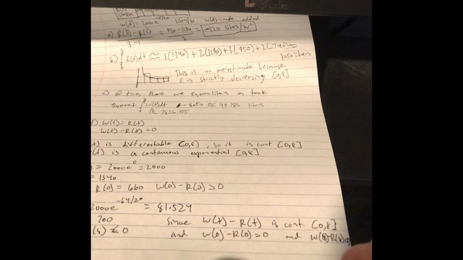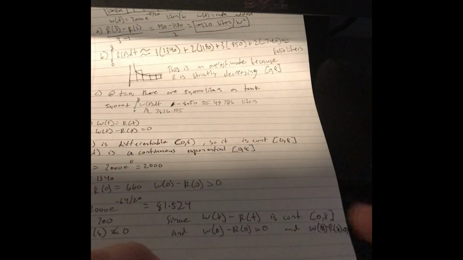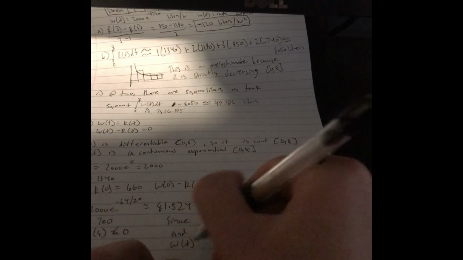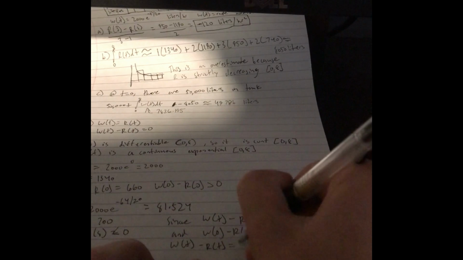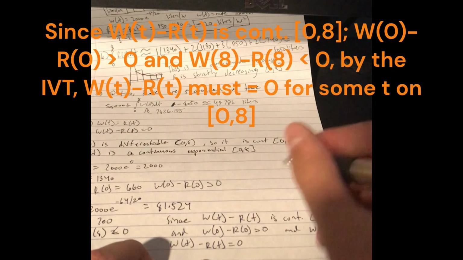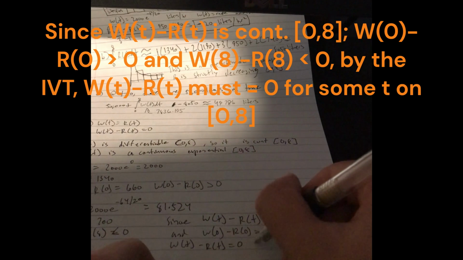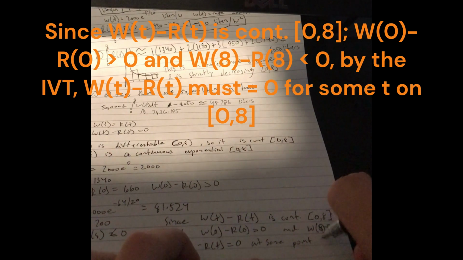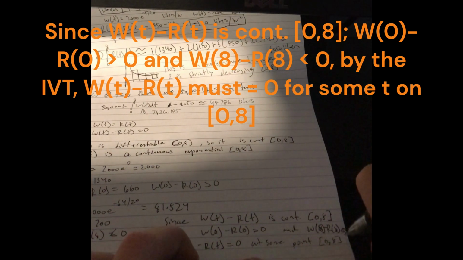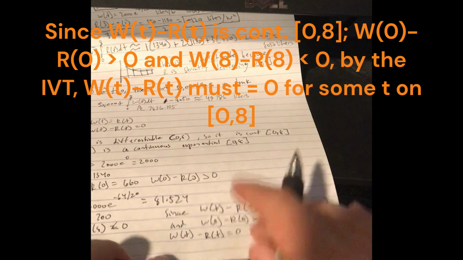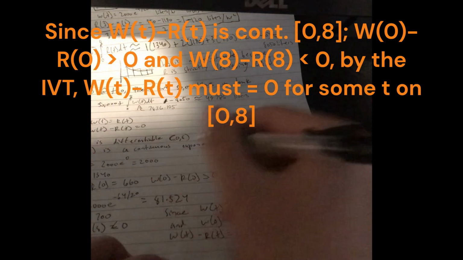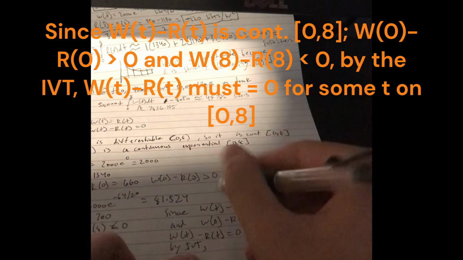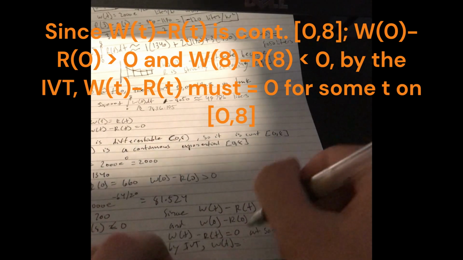I'm sorry for the awful handwriting. W of t minus R of t must equal 0 at some point on the interval 0 to 8. So therefore, by the intermediate value theorem, W of t is equal to R of t.